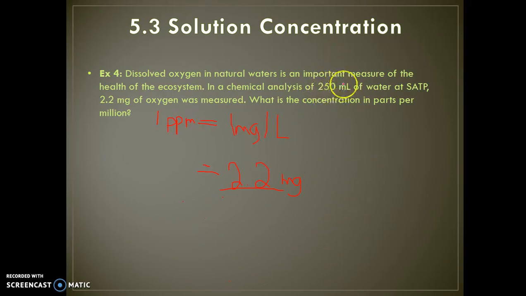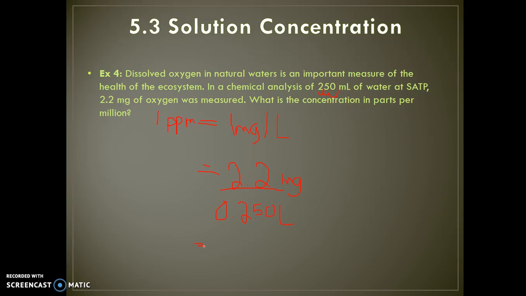Now I have to change this 250 milliliters to liters by dividing by 1,000. So that would move this decimal 3 places. So 250 milliliters is equivalent to 0.250 liters.